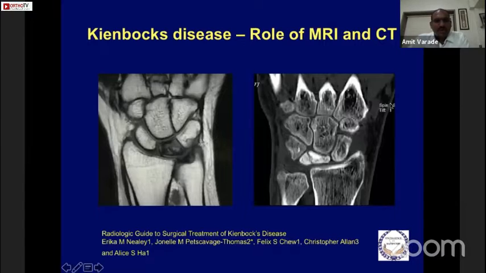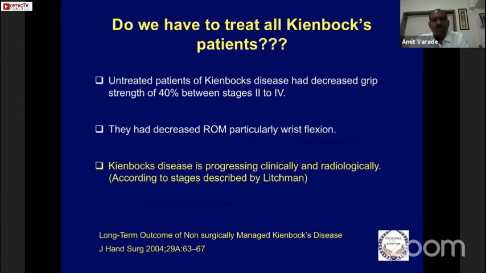The role of MRI: it is a very good and very sensitive tool for picking up the vascular changes of the lunate. And the role of CT scan is very limited, particularly in some cases of stage 3B, when we have to see associated fractures and all.